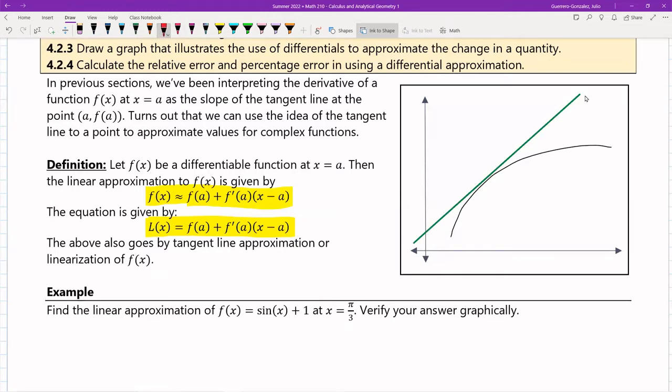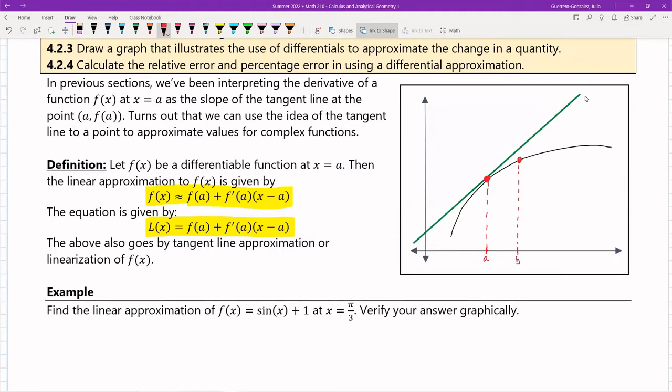Suppose we wanted an approximation right here. Let me do this as a dotted line. This is going to be a, and this point over here is going to be b.